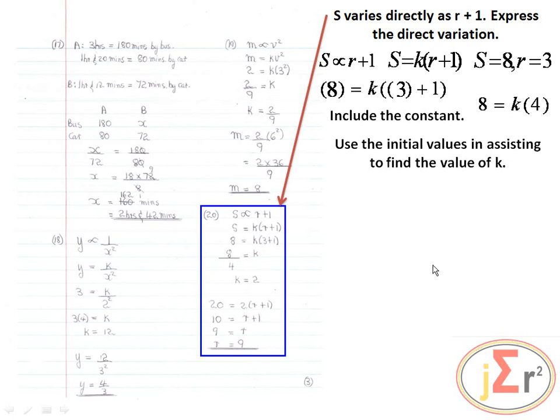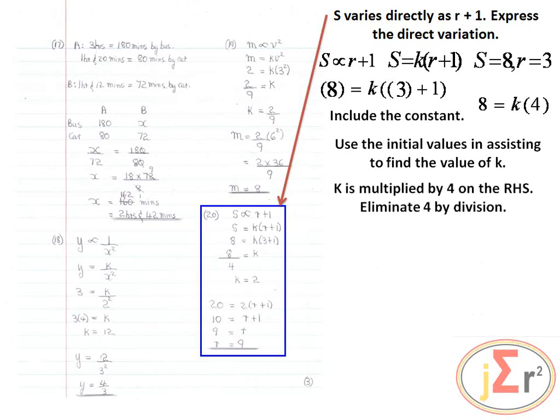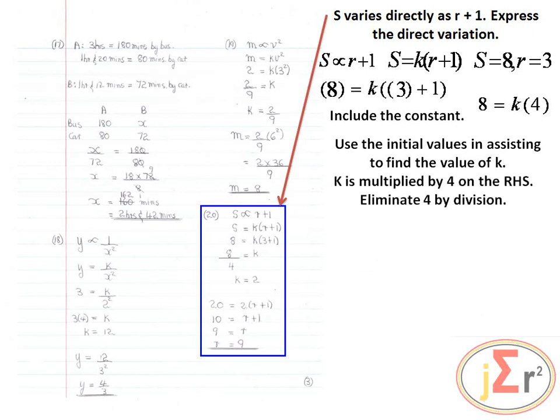And how do we eliminate that 4 from the right hand side? Well, before we answer, we say, how is it related to K on the right hand side? It is related by multiplication. We will therefore eliminate it by division. So K is multiplied by 4 on the right hand side.